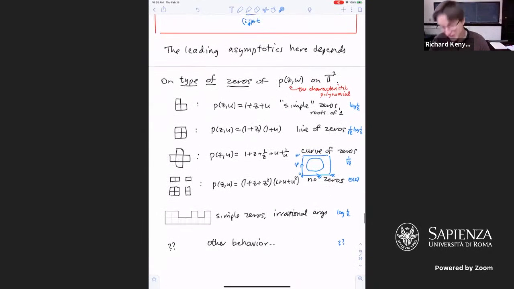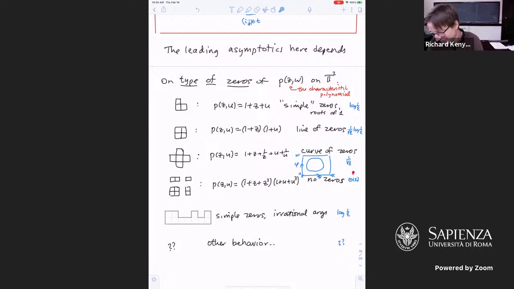But what I want to indicate is that we don't yet know. I suspect that with more and more complicated tiles, you can get essentially any behavior that's feasible here. And if I understand the question correctly, it's about the growth rate as a function of the type of zeros you get on the torus.